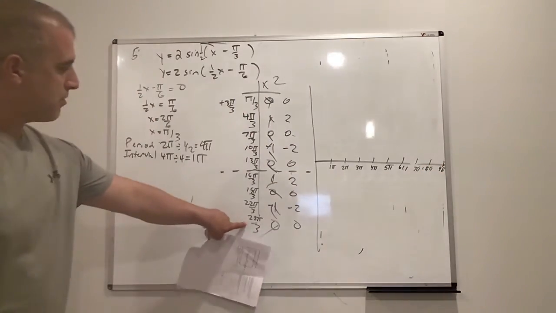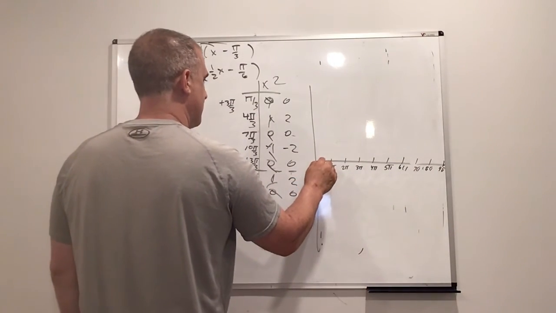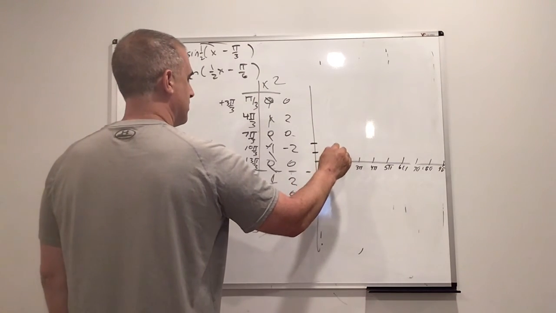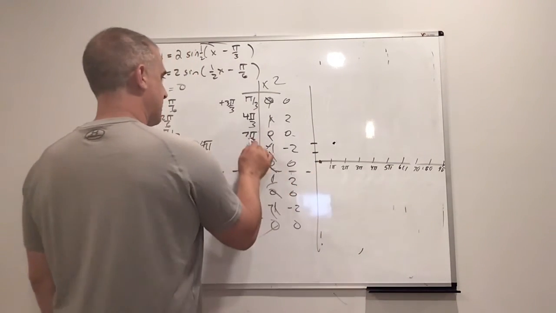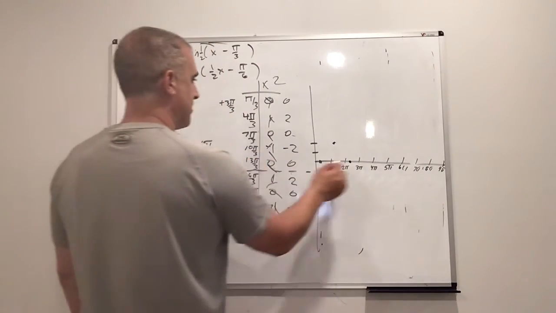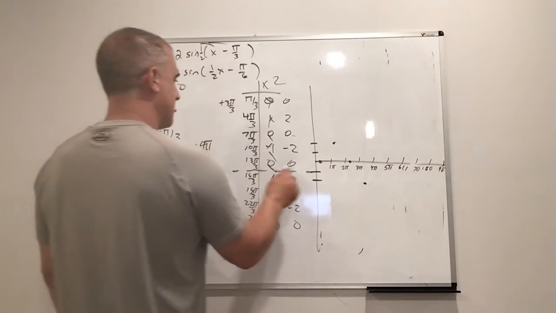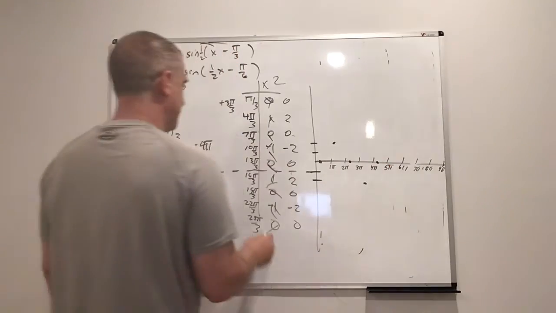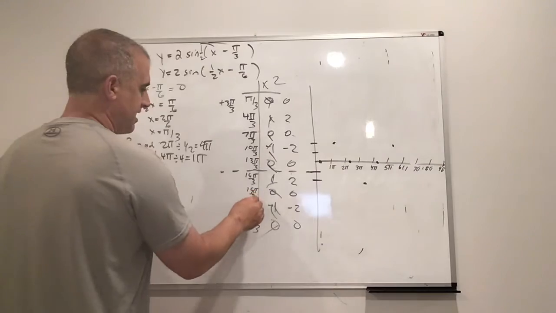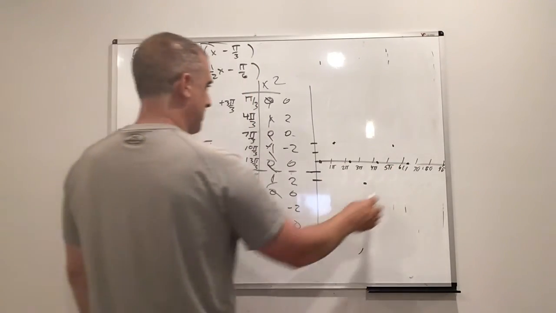And if you look at that, 25 divided by 3 is 8 1/3. So, all right, that's 1/3 pi, so that's going to be 0. 4/3 is a little bit more than 1, that's going to be up at 2. 7/3 is a little more than 2, that would be at 0. 10/3 is a little more than 3, that would be at -2. 13/3 is a little bit more than 4, that's going to be at 0. 16/3 is 5 1/3, which would be here. 19/3 is a little more than 6, would be 0. 22/3 would be -2.